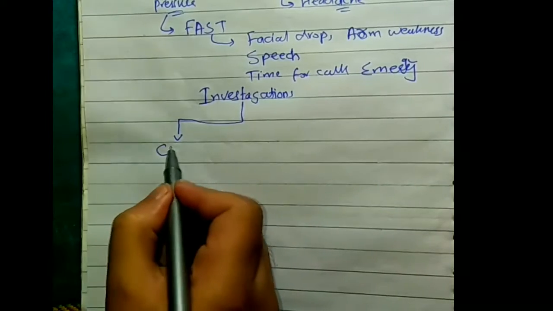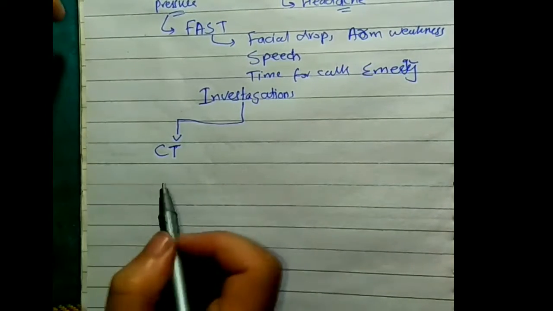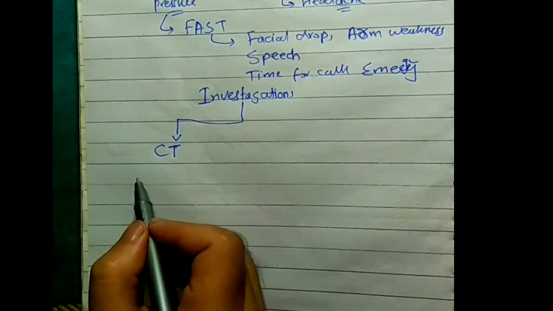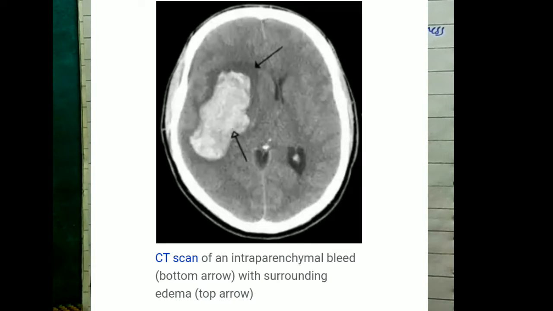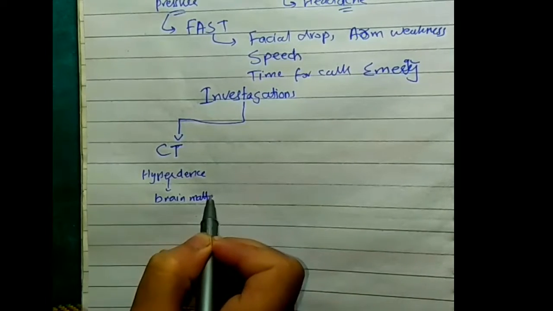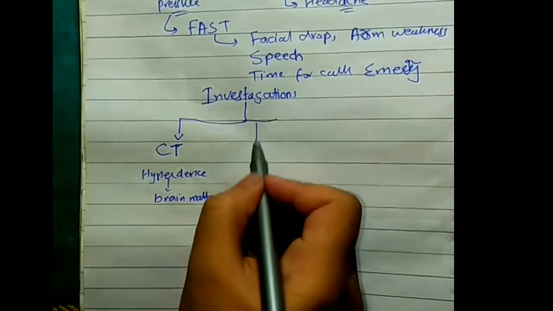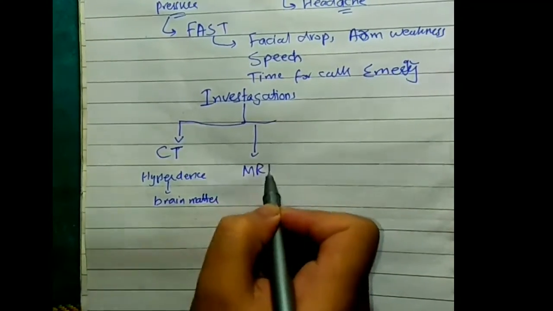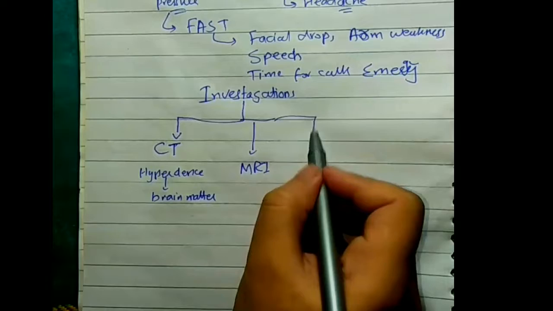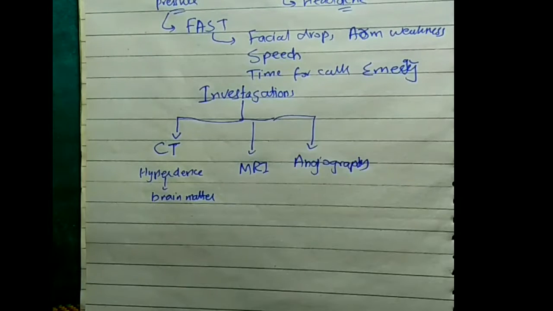In a CT scan, we can appreciate a hyperdense area in brain matter. Then we can also do MRI and angiography. So these are the investigations of hemorrhagic stroke.